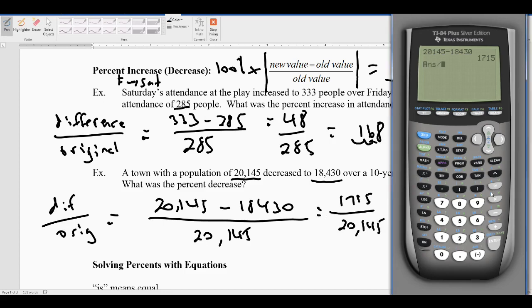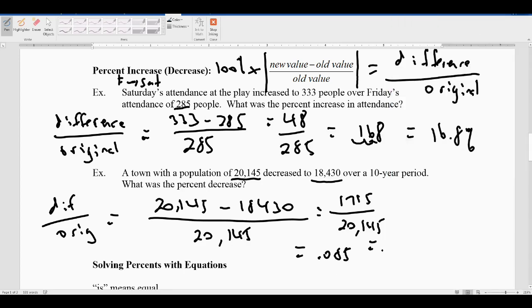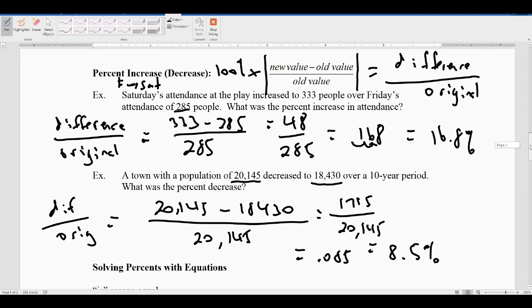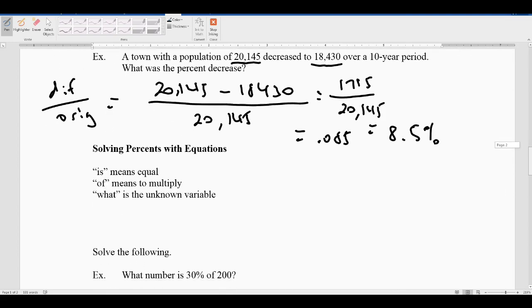And we get, I'm just going to write it down here, 0.085. And then I want to convert that to a percent, that becomes 8.5%. Not so bad.